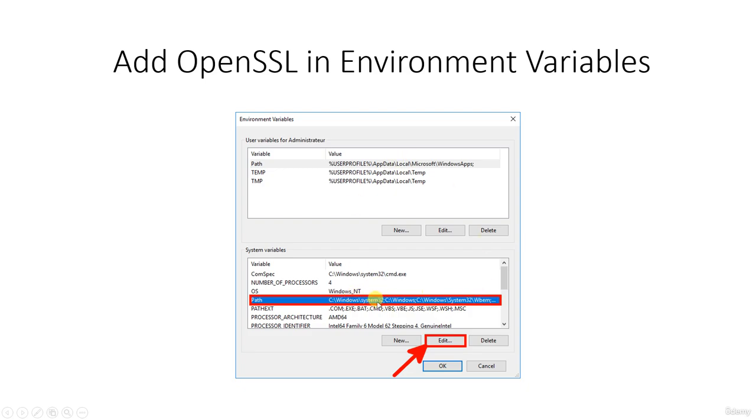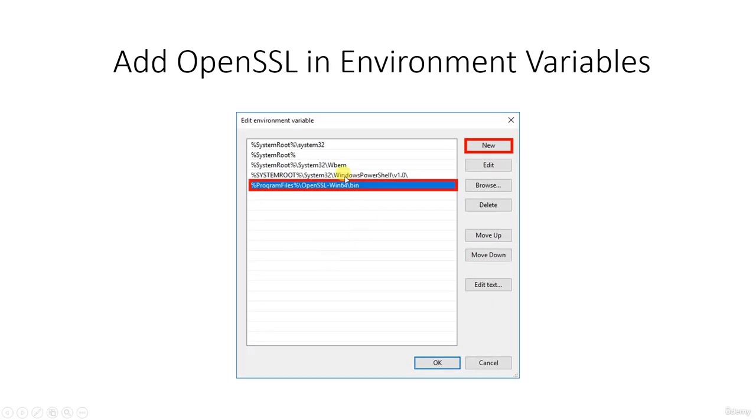If you don't find it here, it may be at the bottom or up, so make sure you check the Path variable. Simply click Edit. Make sure you first select Path, otherwise you cannot edit. Select Path, then Edit, then it will ask you to add this. It will be blank, so make sure you click New, and after creating a new entry, you can type. So make sure you type it just like this.